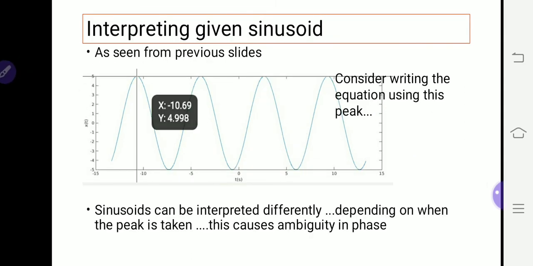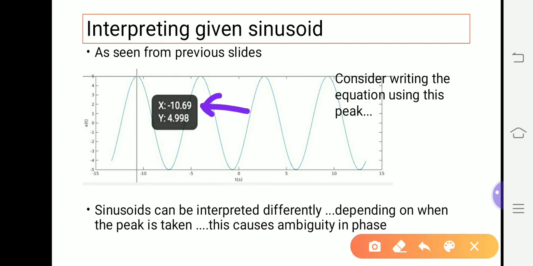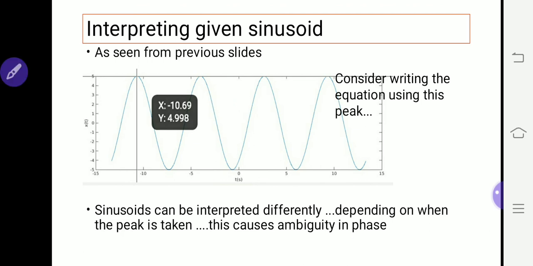So this is one exercise. Try to write out the equation if we use the peak at negative 10.69 seconds. Here, with the same graph, we can actually get different equations, and they vary just in terms of the phase.